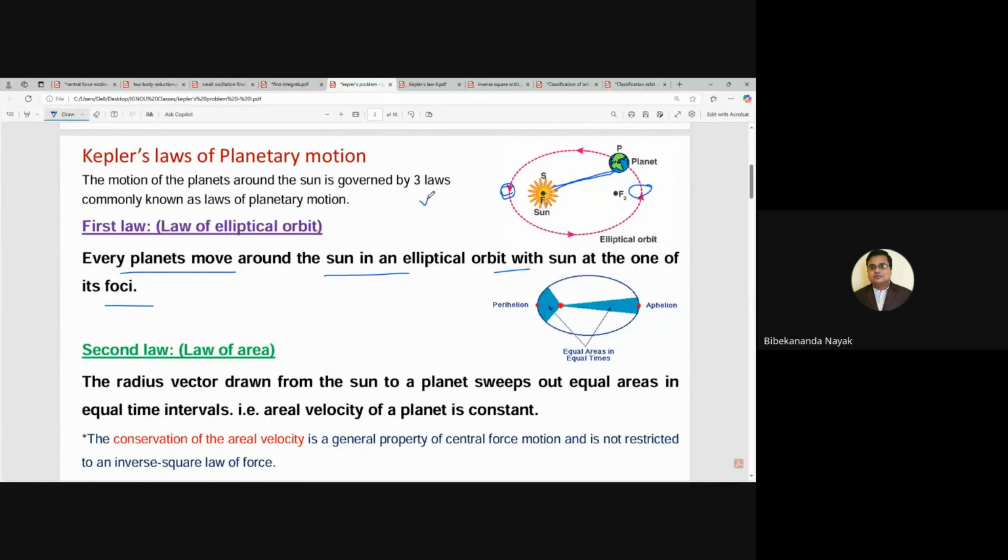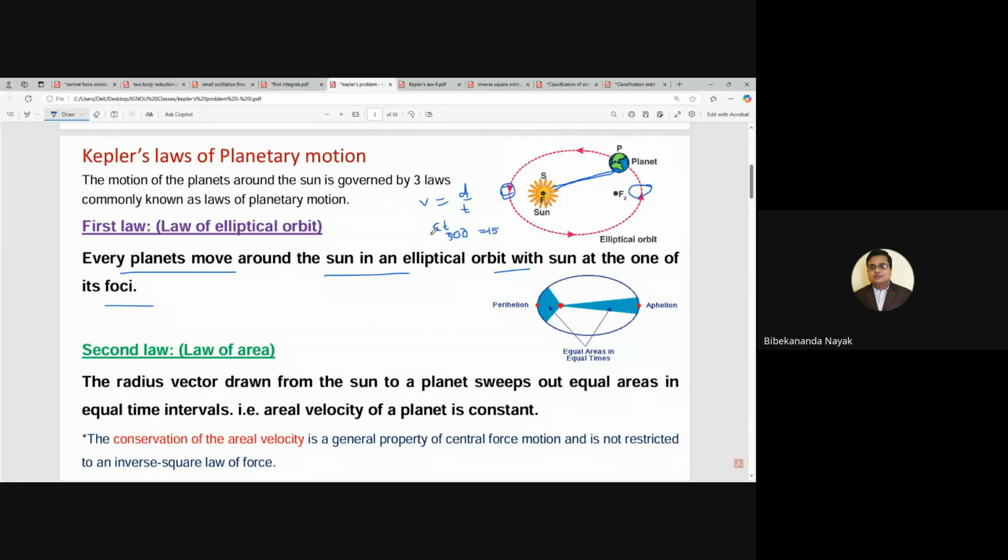Velocity is equal to distance by time, so distance is velocity into time. Light takes nearly 500 seconds to come from sun to earth. So if you multiply the speed of light c with 500, you find 15 crore kilometers.